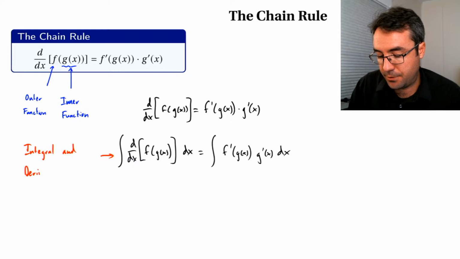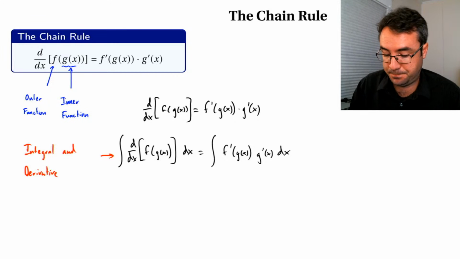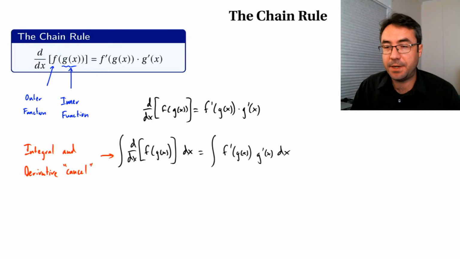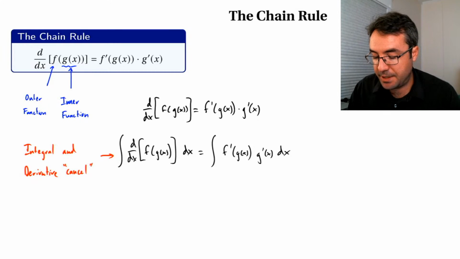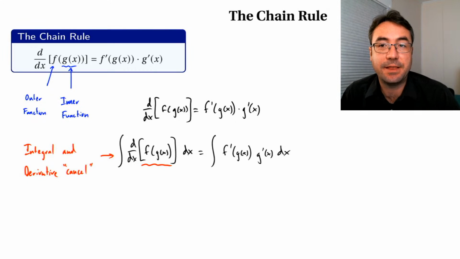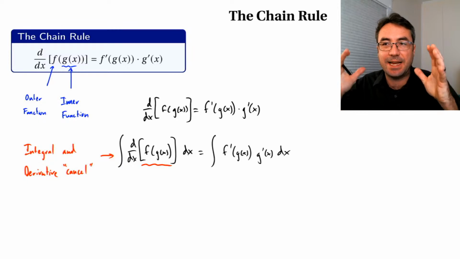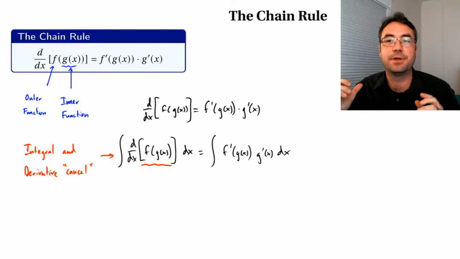They cancel because this derivative is being applied to the entire term on the left side. It's not going to quite cancel out on the right side because it's not an entire derivative.